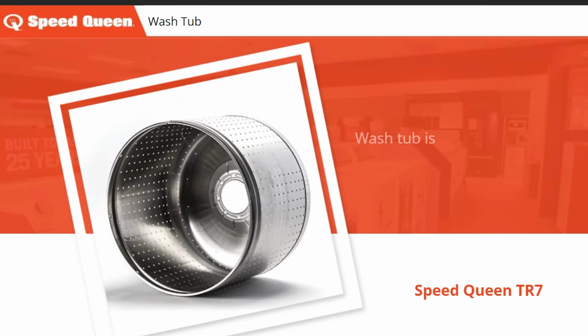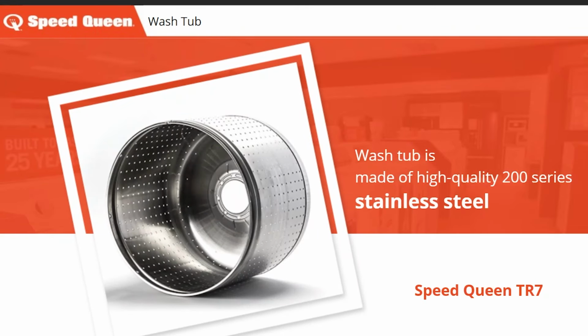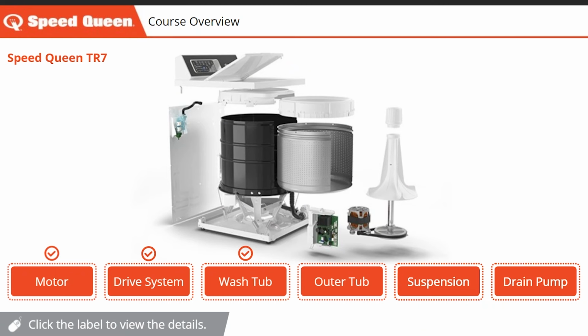However, Speed Queen's wash tub is made of high-quality 200 series stainless steel, which does not rust, is gentler on clothes, and gets smoother over time. Speed Queen's stainless steel tub is the best in the market.